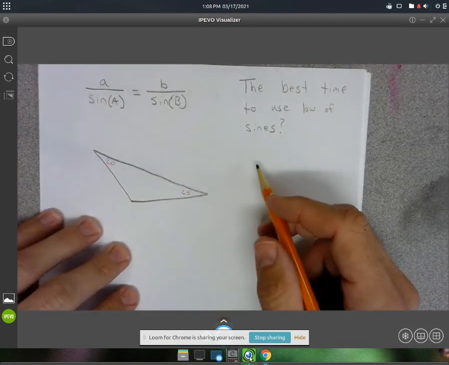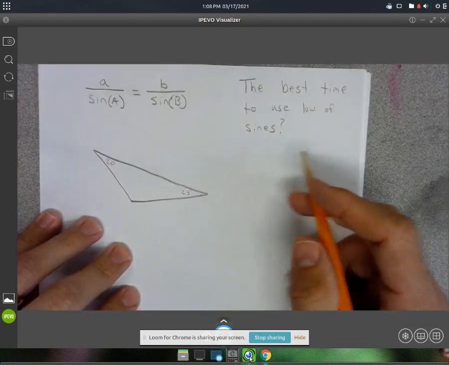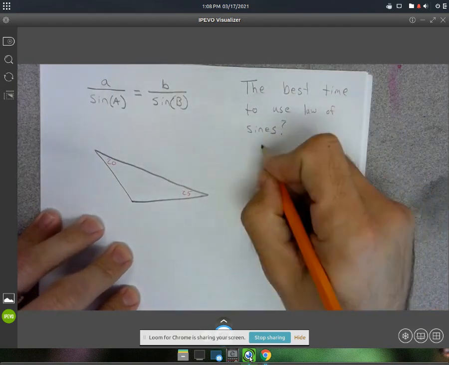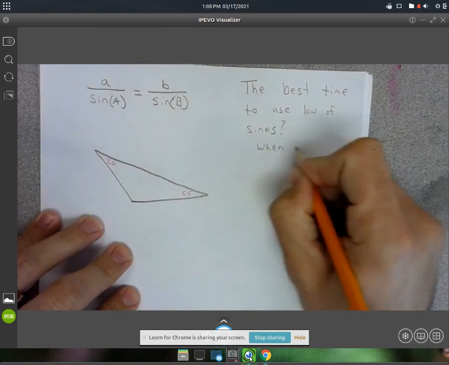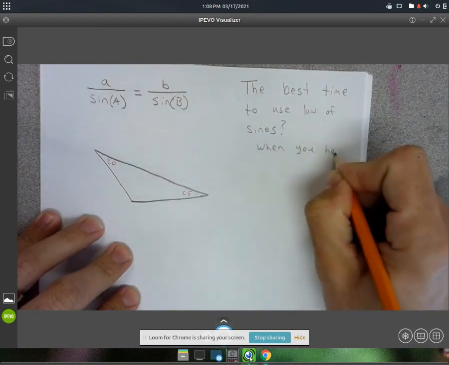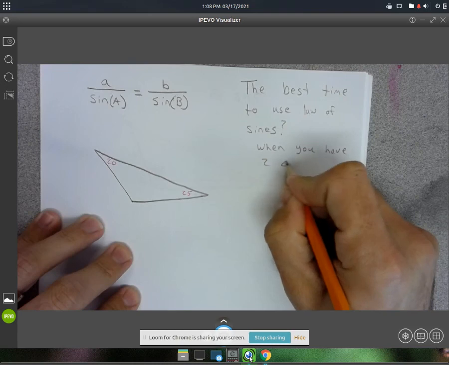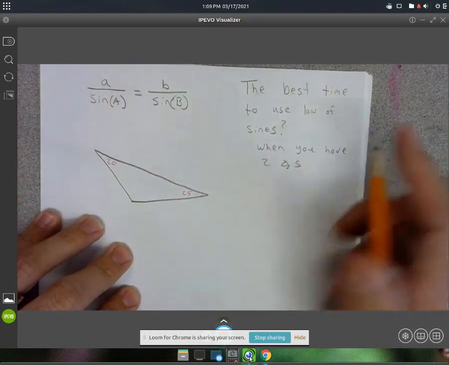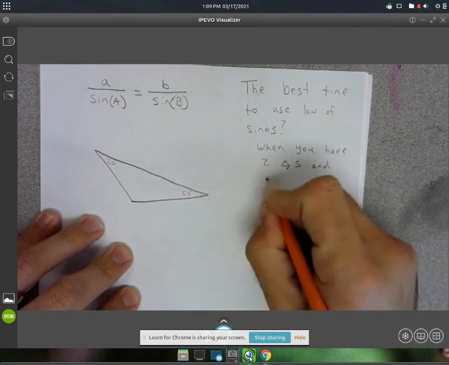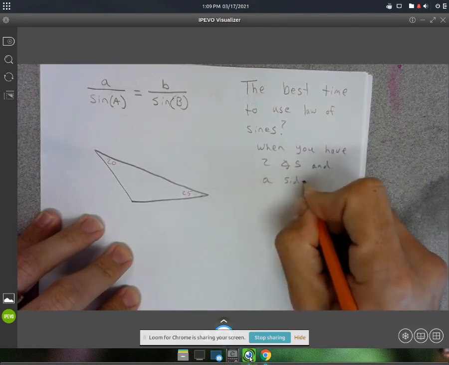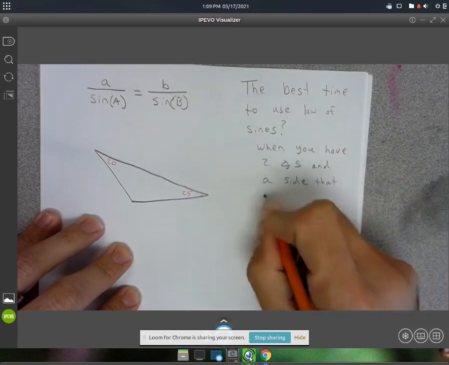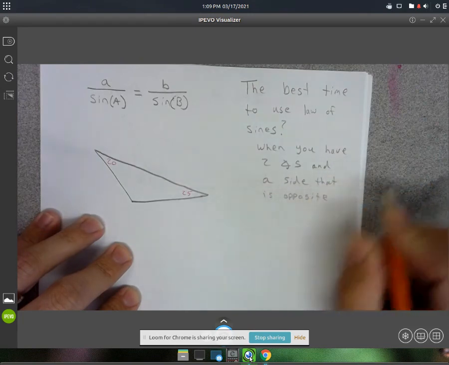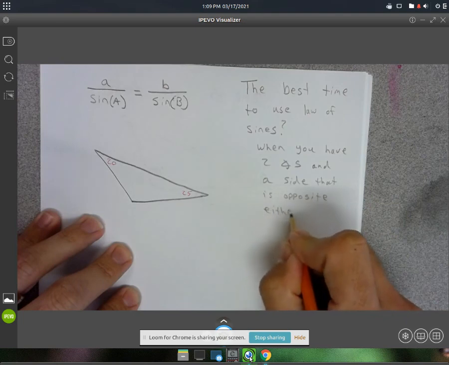More generally, the best time to use it is whenever you know two angles. When you have two angles, that's really the sweet spot. If you've got two angles and a side that is opposite either angle.